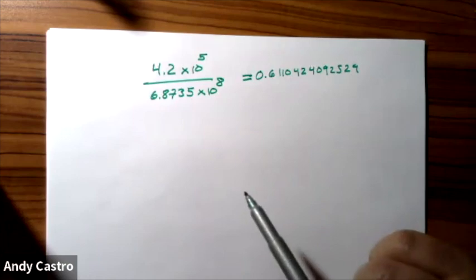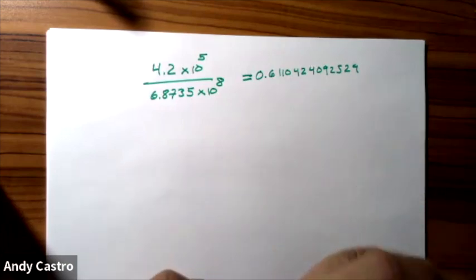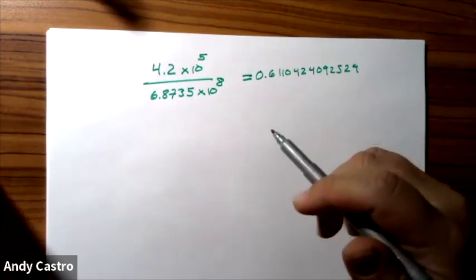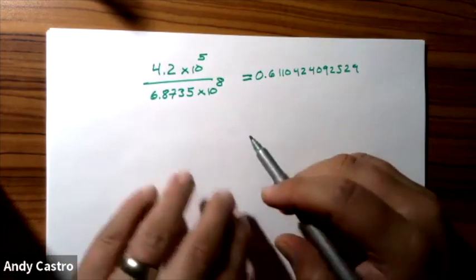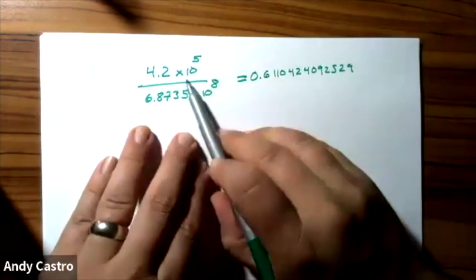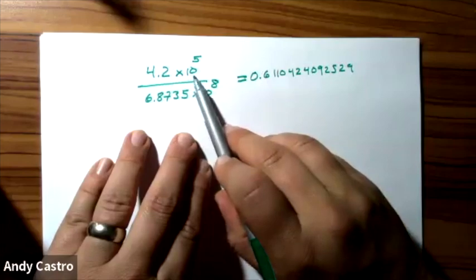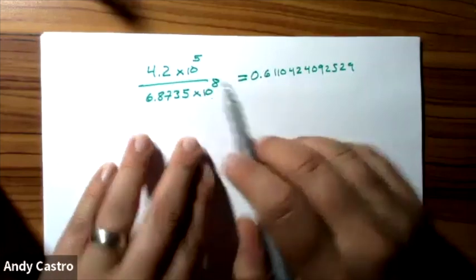And then at the end, and only at the end, is when we modify and we round, okay? So here we have the same base, 10 and 10 with exponents.